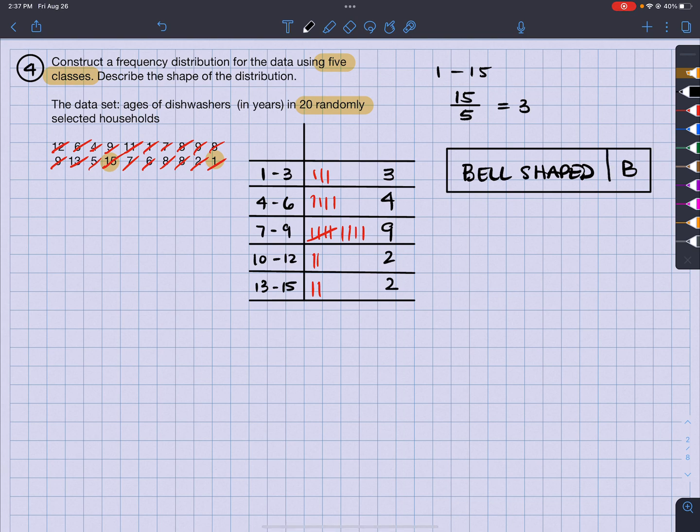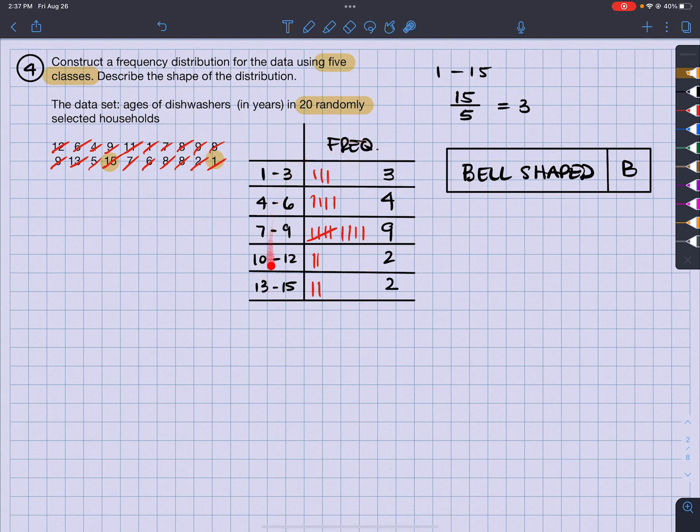This is the reason why the problem doesn't tell me to construct a frequency distribution bar graph. It just tells me to do the frequency distribution, which is exactly what this is.